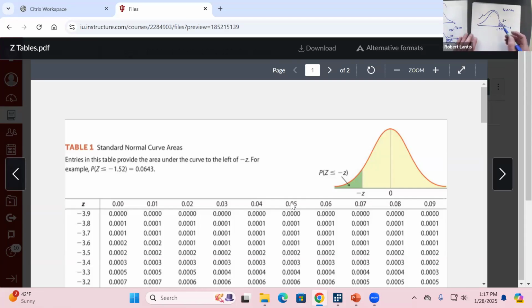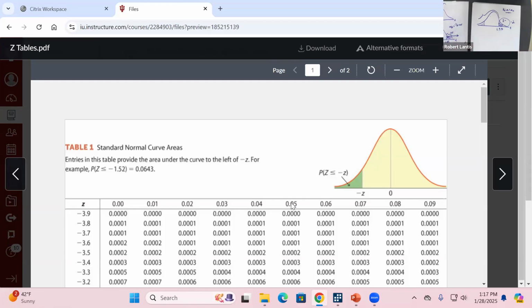Now, once I have this area, that's not my p-value if I have a two-tailed test, because seeing evidence this far above the mean, it would have been equally as likely that I saw that evidence below. So how can I find my total p-value? Just take this area and multiply it by 2.